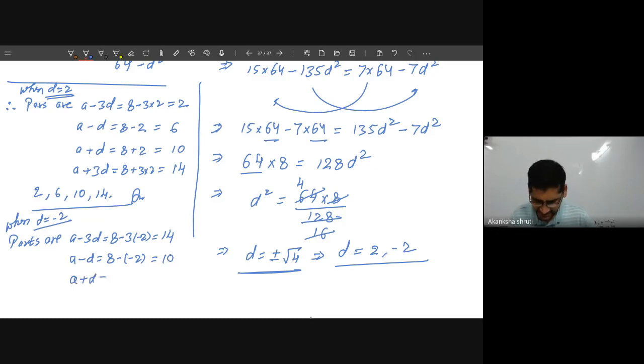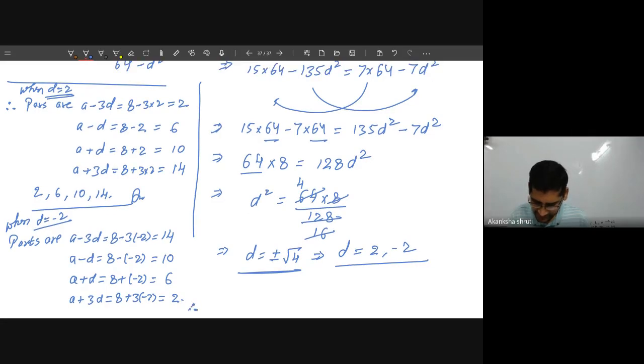A plus D means 8 plus of D. D value is our minus 2 here. Student, that care you have to take. So it become 8 minus 2 is 6. And A plus of 3D. So it is our 8 plus 3 into minus 2. So it become minus of 6. So it become 2.